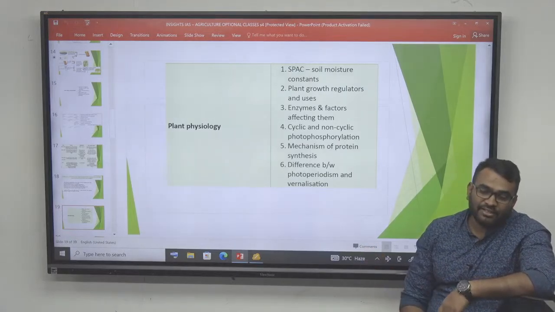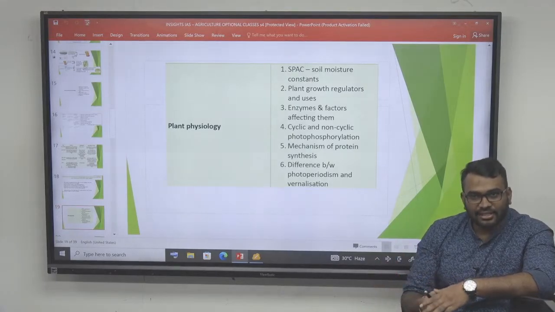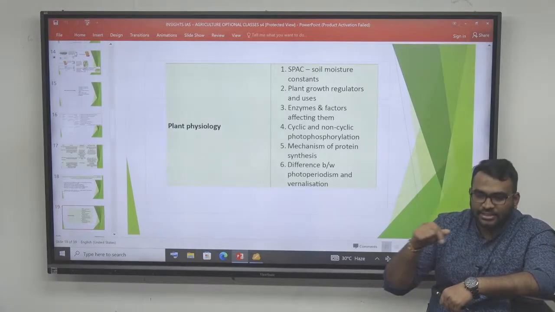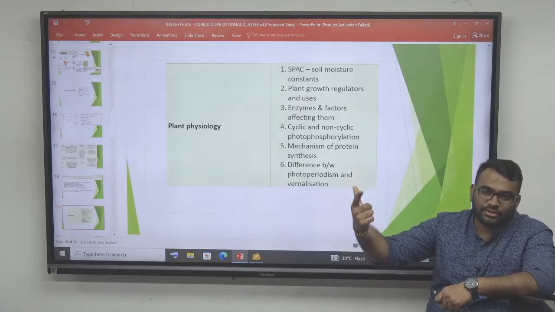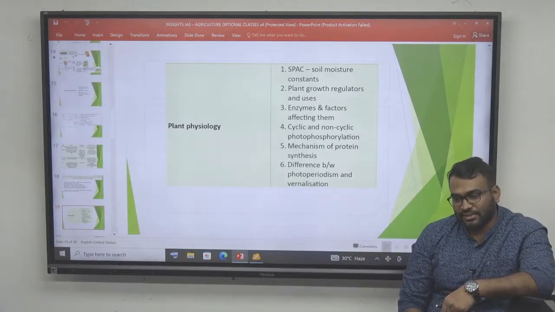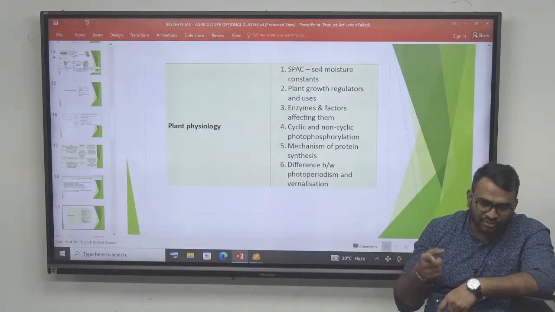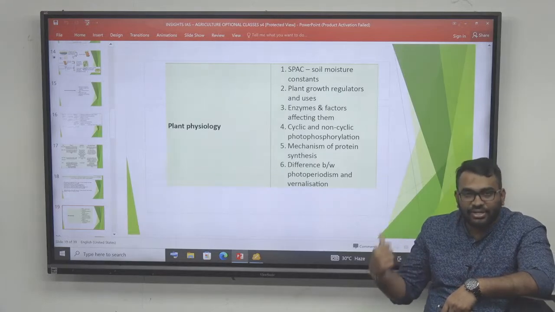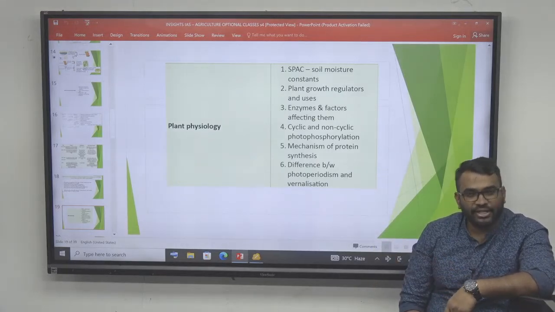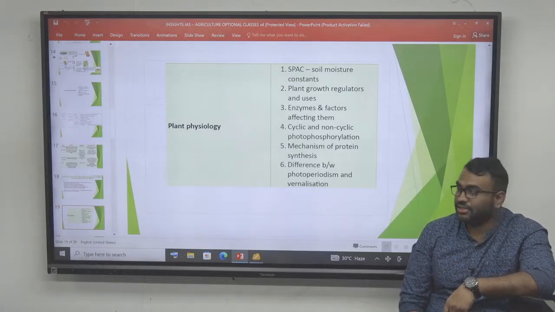Here the science behind that, essentially water is in a continuous cycle. So hydrological cycle we say, but at the same time starting from groundwater to humidity, that is water vapor in the atmosphere, there is a continuous chain, and this chain is ensured via pressure difference. So what is that we are going to understand, but essentially that is a very important topic for this year, that is SPAC plus soil moisture constants, right?